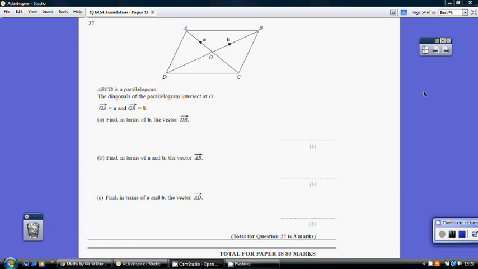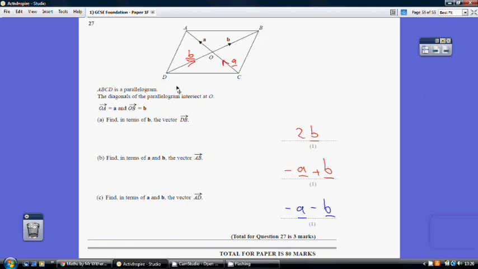Question 27. So part A, find in terms of b the vector DB. So going from D to B, well we're going from D to O and O to B, so that's 2 lots of b, so that is 2b.